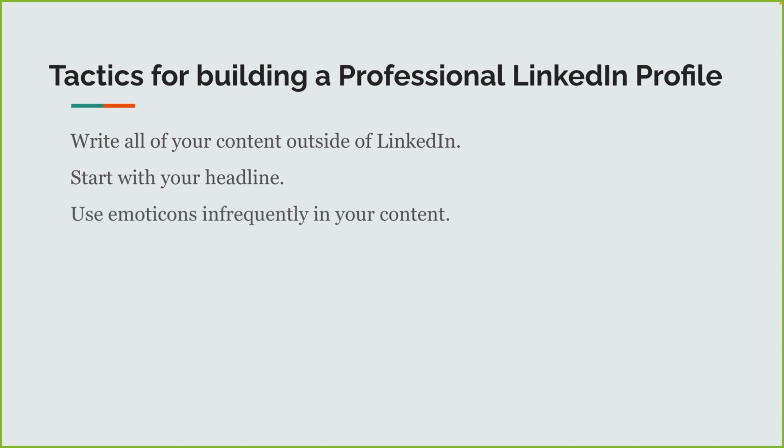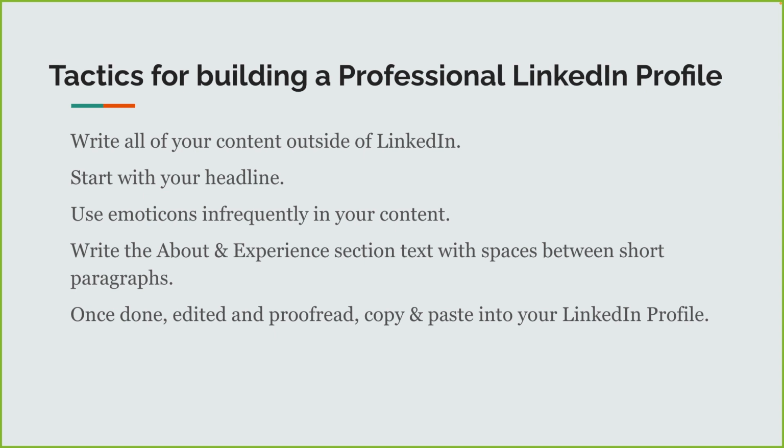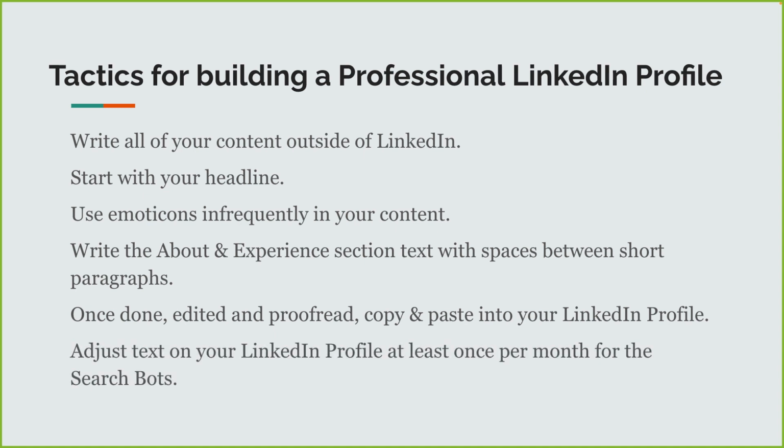Use emoticons very infrequently, but there's nothing wrong with emoticons except in your name or your company name. There's nothing wrong with emoticons in various places throughout your content. Write the about and the experience section using spaces between short paragraphs. Don't write a big hunk of text. No one wants to read that. And when you're done editing and proofreading, then you can copy and paste it into LinkedIn.